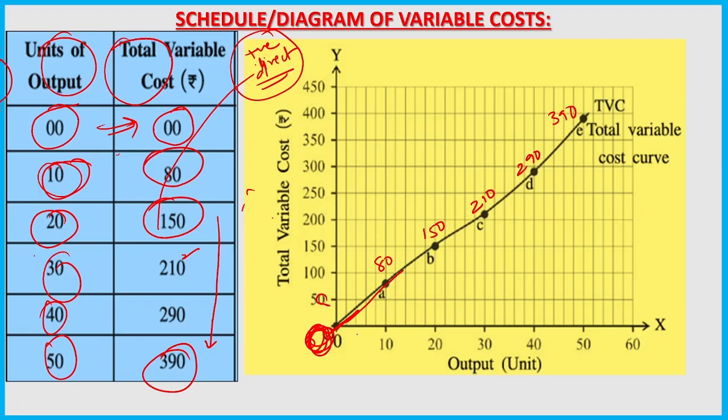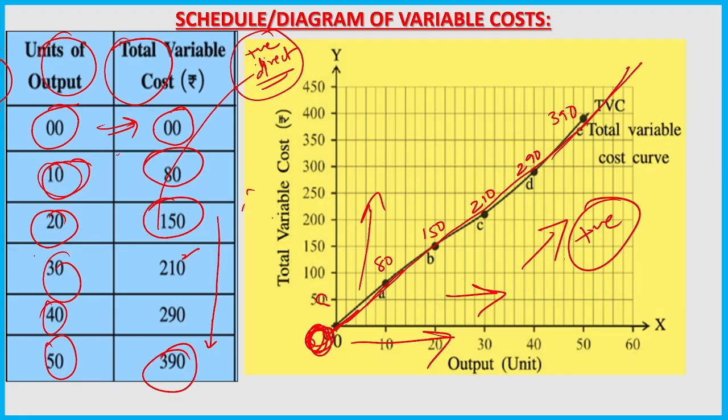And as the total production increases, output increases, the variable cost will also increase, and your graph will go upside, your curve will go upside, and this upside will be showing positive relationship between variable cost and production units, output units. ठीक है? Production level.